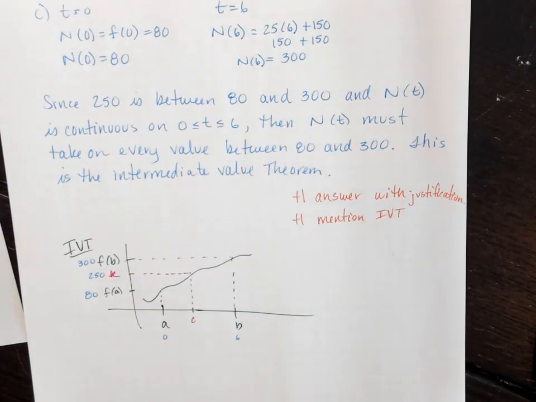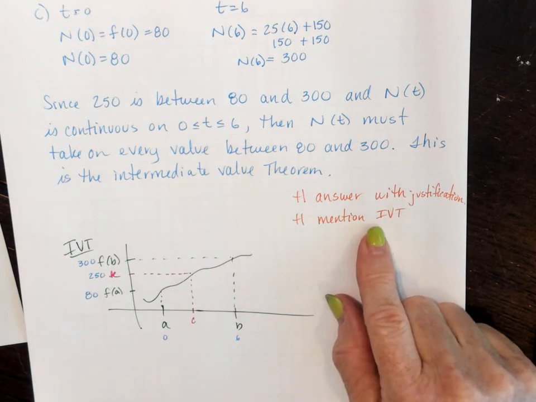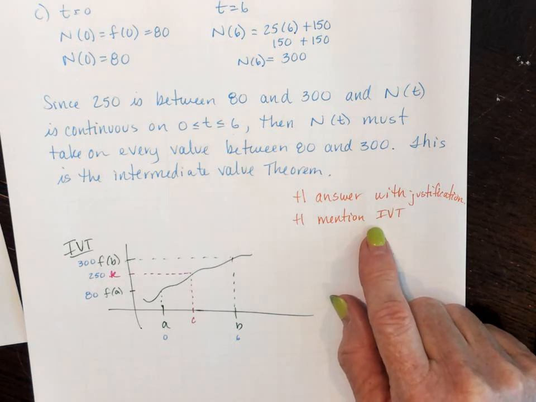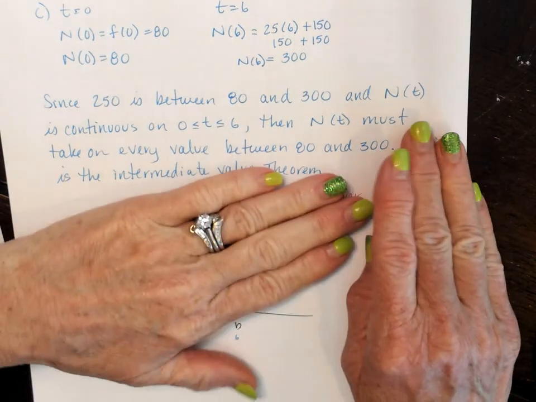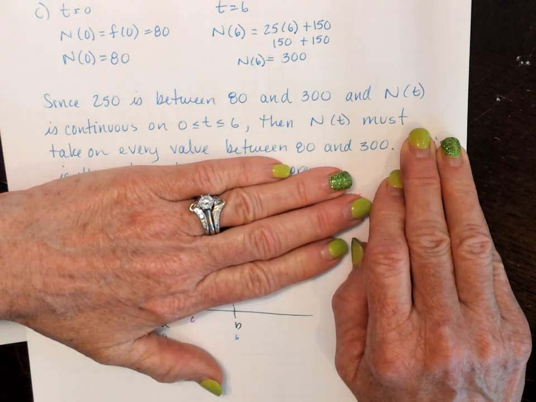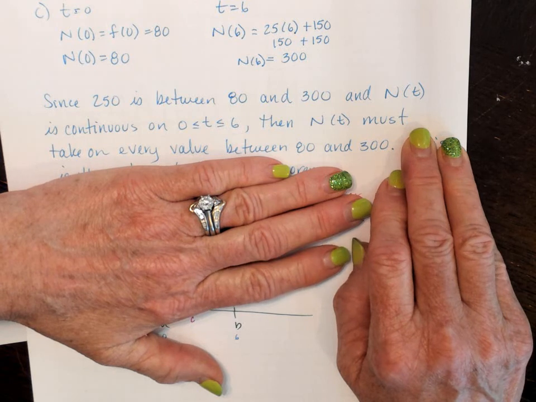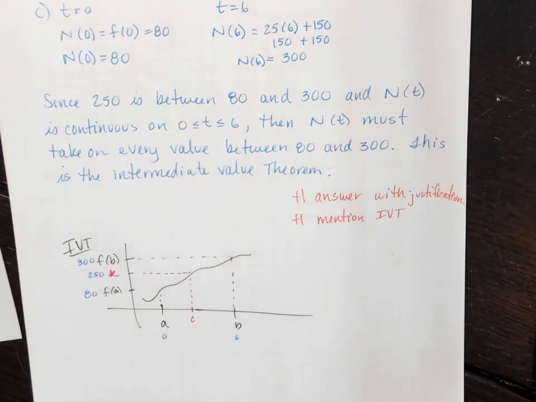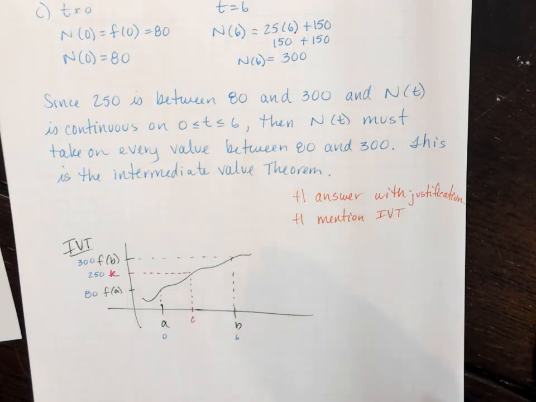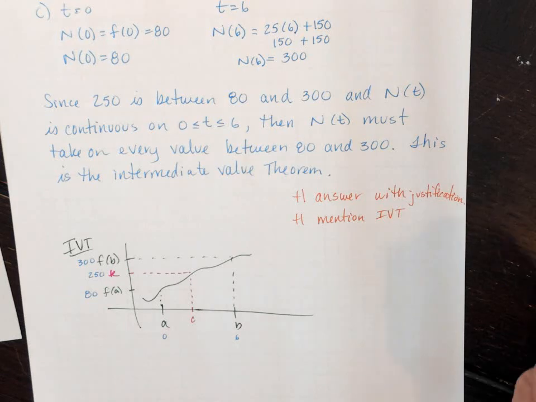Now I will tell you this, on this particular practice AP problem, they do give you a separate point to mention the intermediate value theorem. On the actual AP, you don't need that. If you explain the intermediate value theorem clearly and you just don't mention it by title, you'll still get the point. I think they're putting this in here because these practice free response questions are very topic specific for a particular unit.